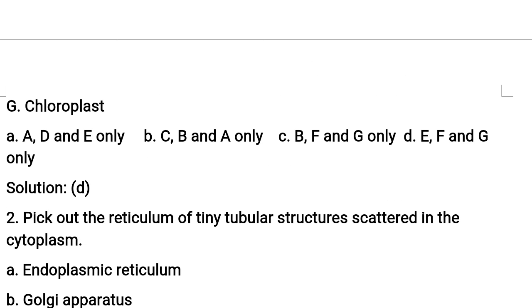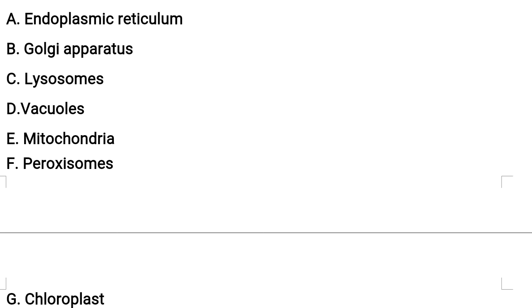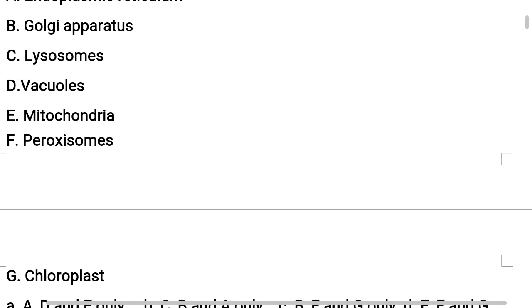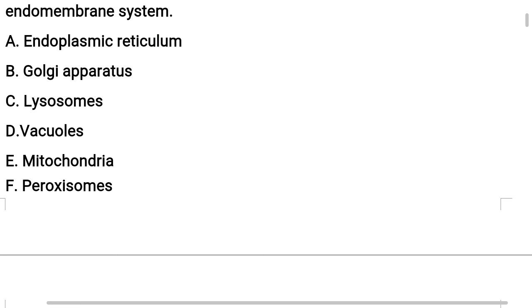Let us see what are those E, F and G from the given list. E is mitochondria, F is peroxisomes, G is chloroplast. These three cell organelles are not included under the endomembrane system, whereas A, B, C, D, what are those? Endoplasmic reticulum, Golgi complex, lysosomes and vacuoles.